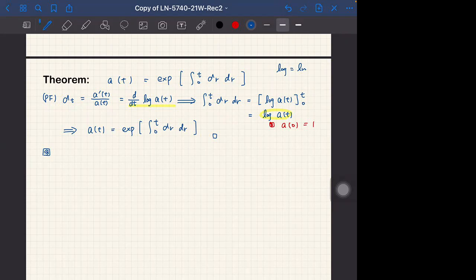And one remark. Often we would like to calculate a of t2 over a of t1. How do we calculate this quantity?